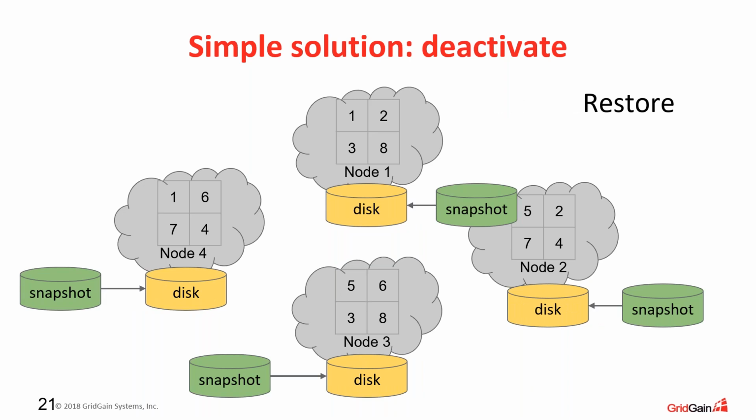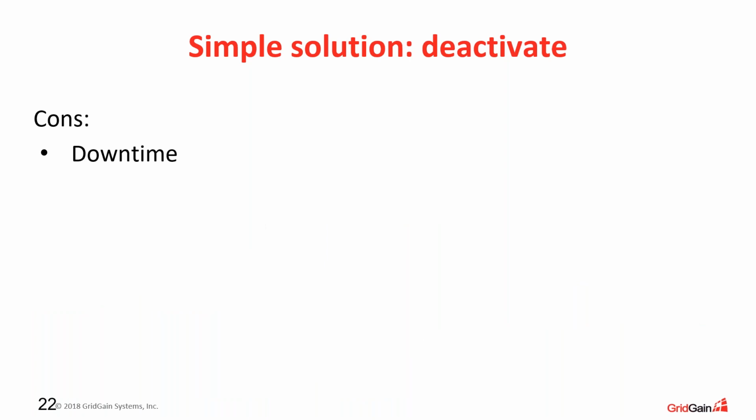And in case you need a restore, you can perform the reverse operation. You can deactivate your cluster and replace your disk storage with the previously stored disk storage from the snapshot directory. This approach makes sense, but it has an obvious con. It has a downtime. It's not always a good approach when you need an unstoppable system.